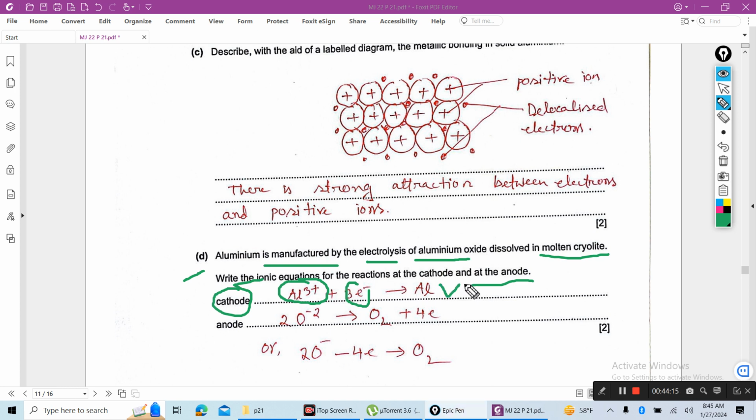At the cathode, reduction reaction occurs, and at the anode, oxide ion loses 4 electrons to produce oxygen. At the anode, oxidation reaction occurs.